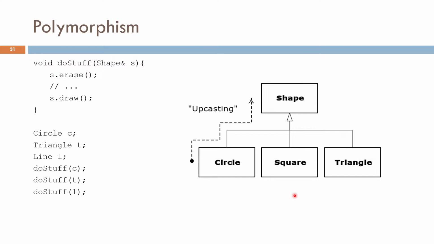So repeating that for you guys. Polymorphism is such that because of the inheritance relationship, where circle, square, and triangle are inherited from shape, it is possible for any functions that you have in shape to operate upon objects of type circle, square, and triangle using the shape function.